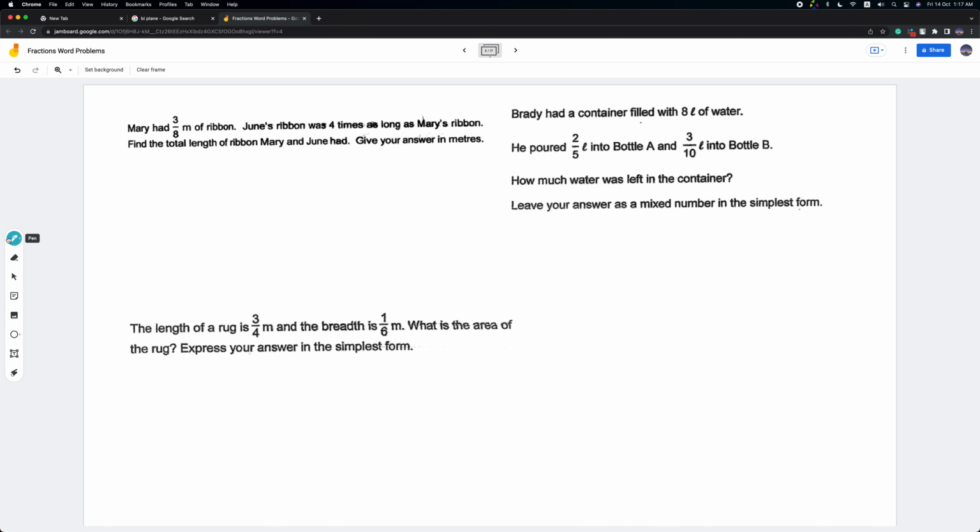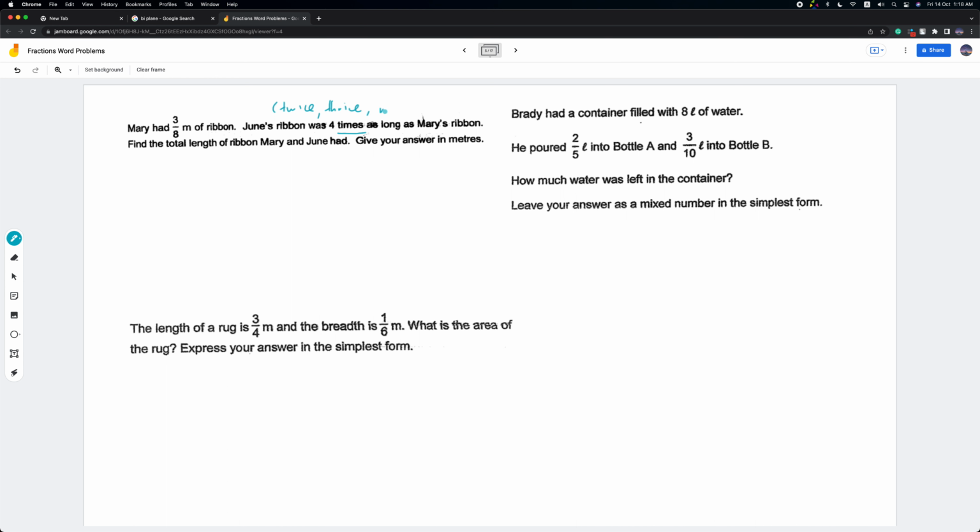Now, let me share with you what I always tell my students. If you see the word times, this is comparing. What else are these comparing words? Maybe the word twice, or their sisters thrice, or 4 times, 5 times, whatever it is.